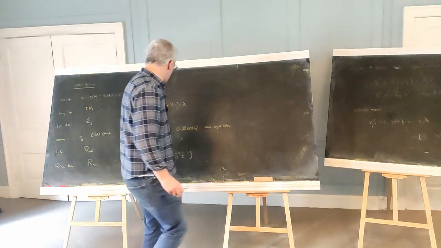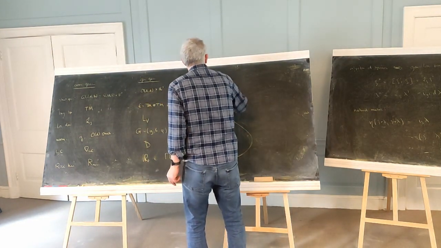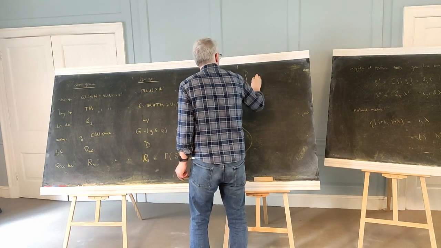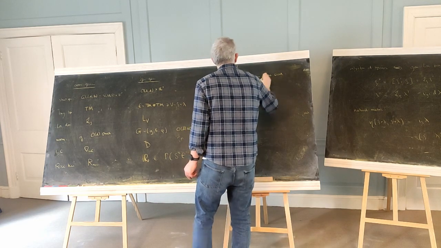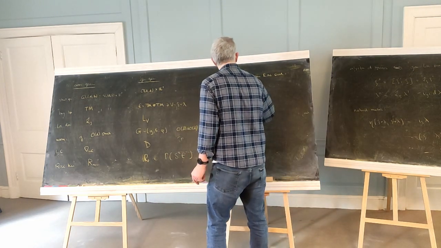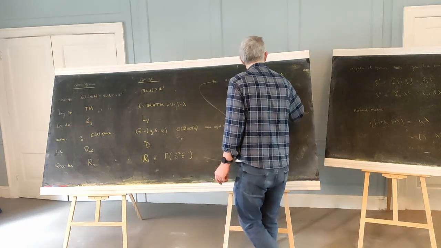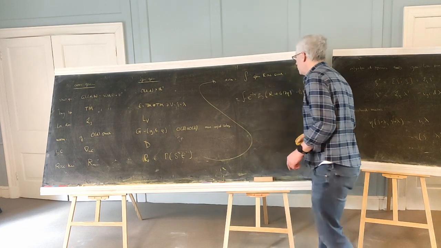When I do that, you find that if you write down an action, which is essentially the integral of the generalized Ricci scalar, what do you find? You find none other than the action of the supergravity.